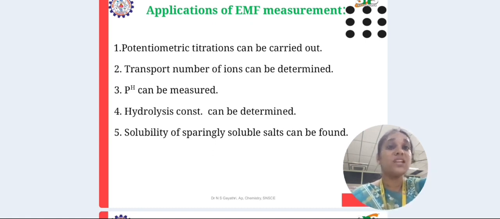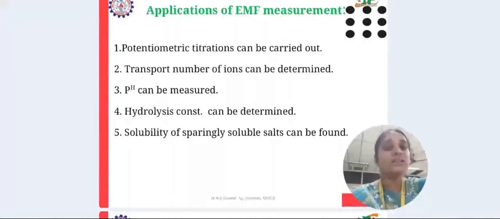The pH is an important factor in water or any other sample solution; pH plays a major role in the reaction we have taken, and the pH can be measured through this EMF measurement. It is very beneficial for the titrations and the sample we have taken, to calculate the pH of the solution.